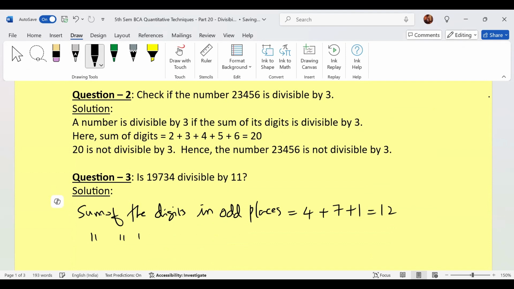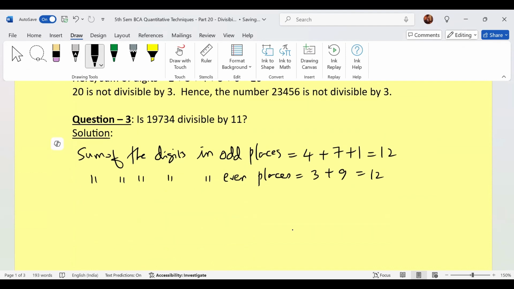Then sum of the digits in even places, that is 3 plus 9, that is equal to 12. Now let us check the difference between these two. We can say absolute difference is 0.